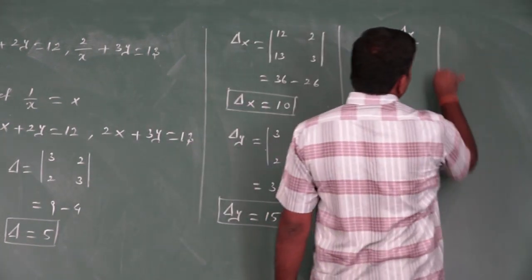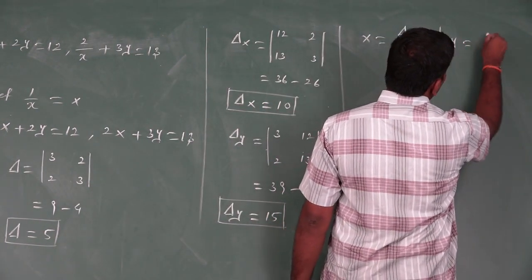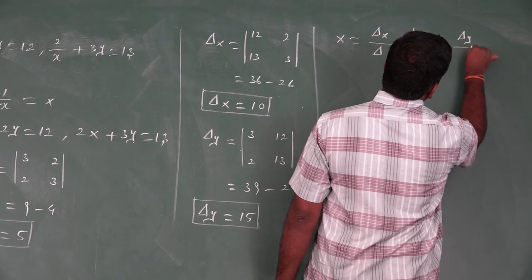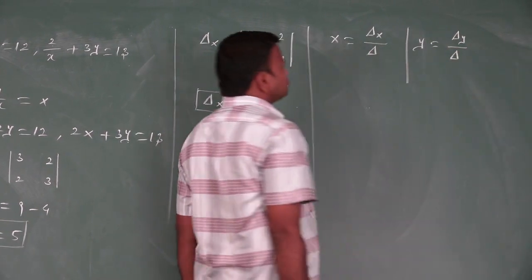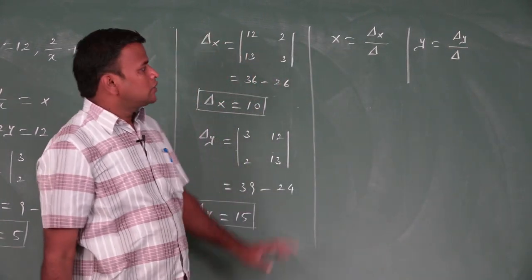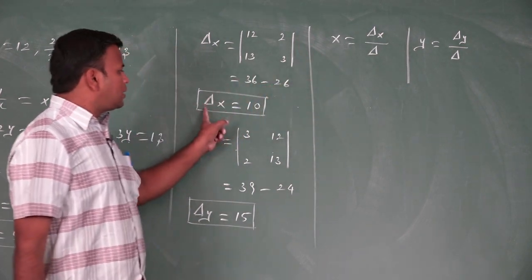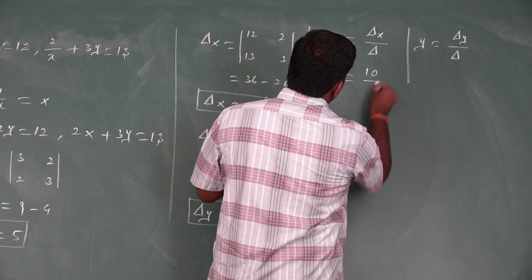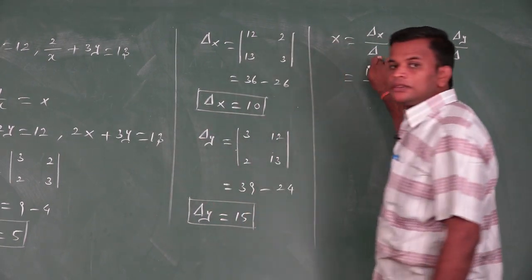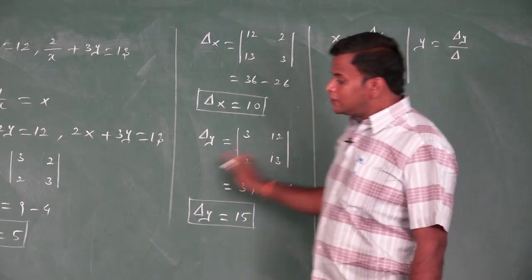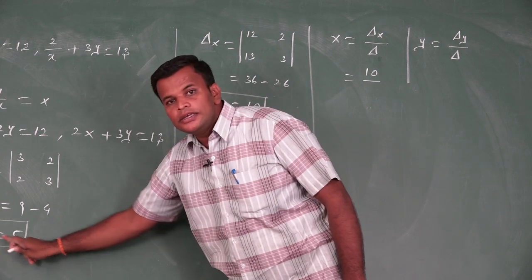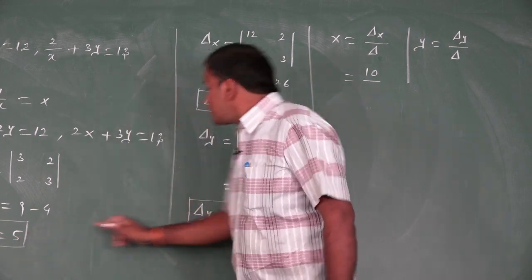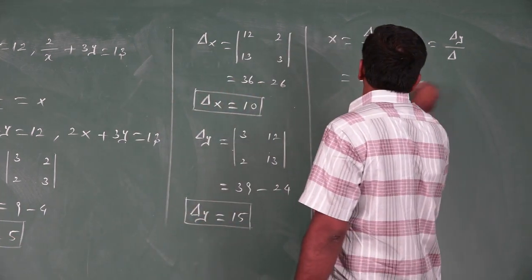The formula of y is del y by del. Now we enter the values. The value of del X is 10 by the value of del, and the value of this del is 5.